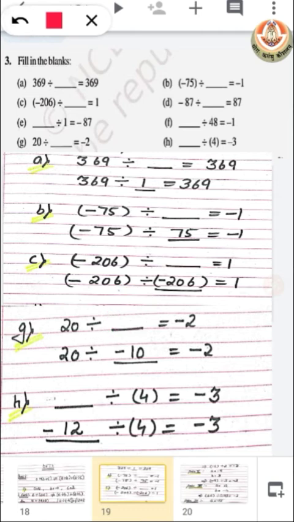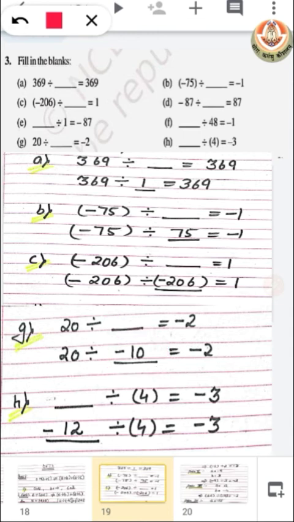We know that for having negative in the answer, one of the numbers should be negative. So here 20 is given as positive. That means this should be negative. And to get 2 in the answer, we have to divide 20 by 10. That means -10 is the answer.